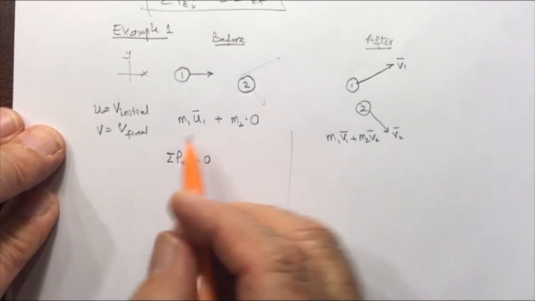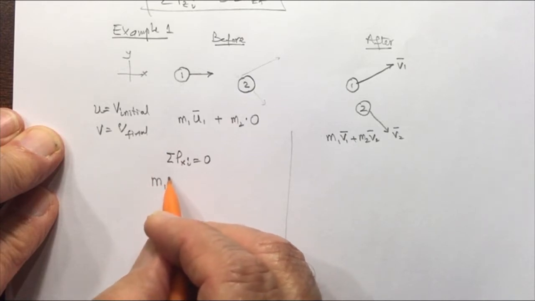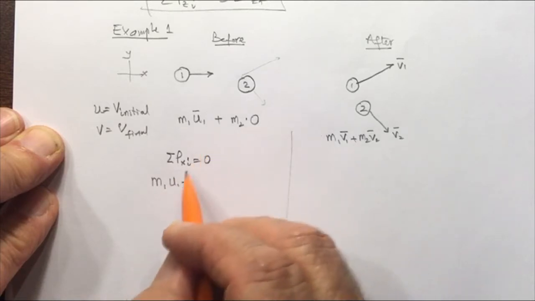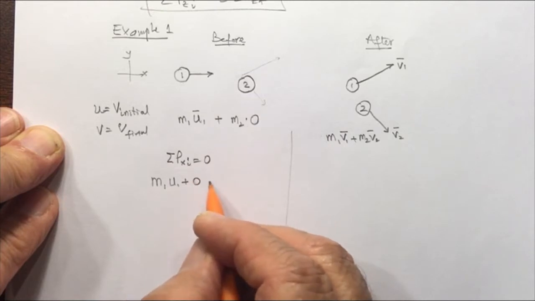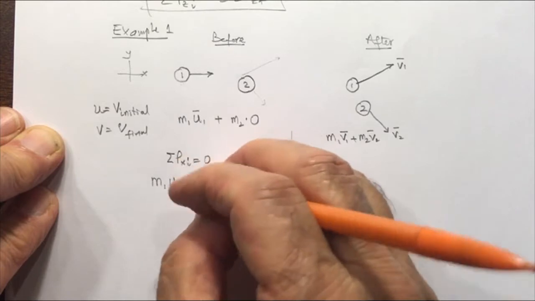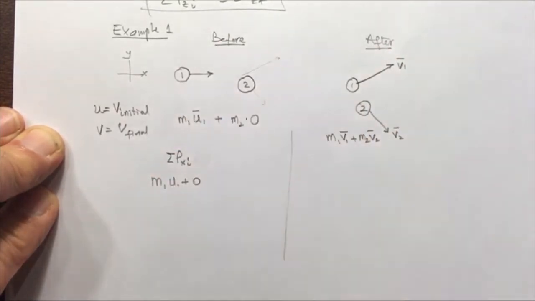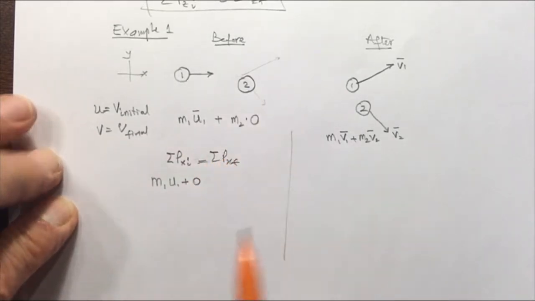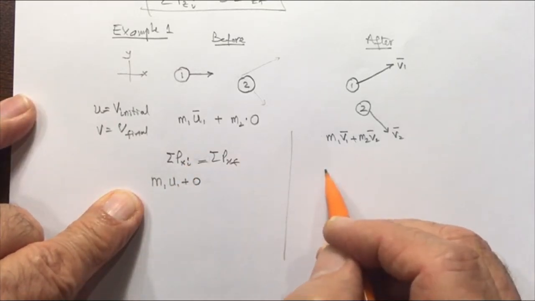So px initial is m1, the velocity in the x direction, which is simply u1, plus the second term, which is m2 times 0, which is 0, equals px final, sorry for that. So the initial is here, and the final I'll write here.